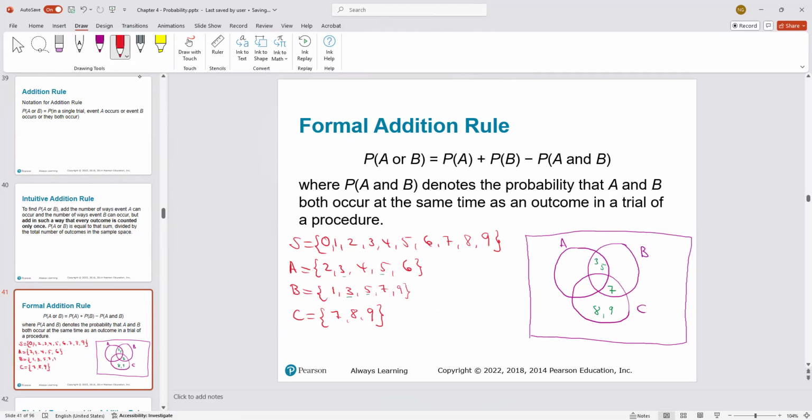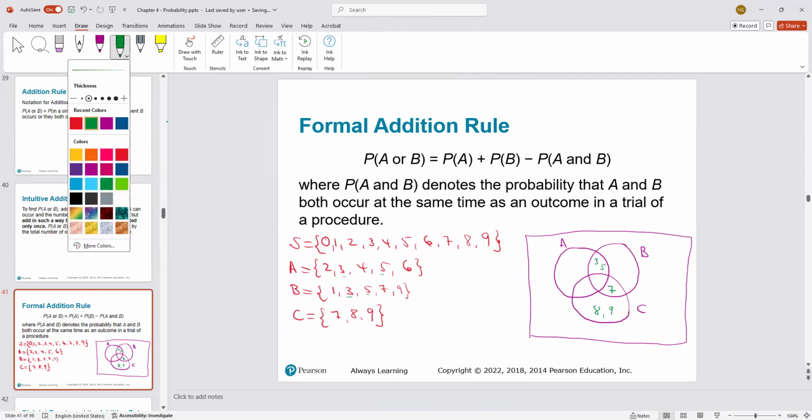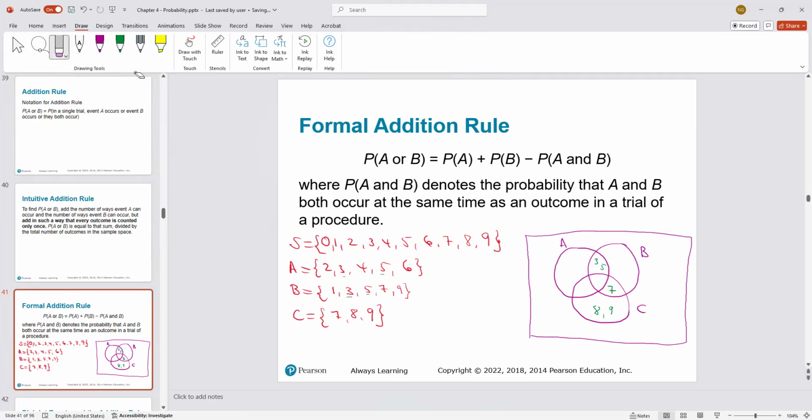Let's put it that way. So in this case, let me go back to my green. We said 7 and 9 would be in these two. So the only thing that is only in C is 8. Okay. Now we're done with C.